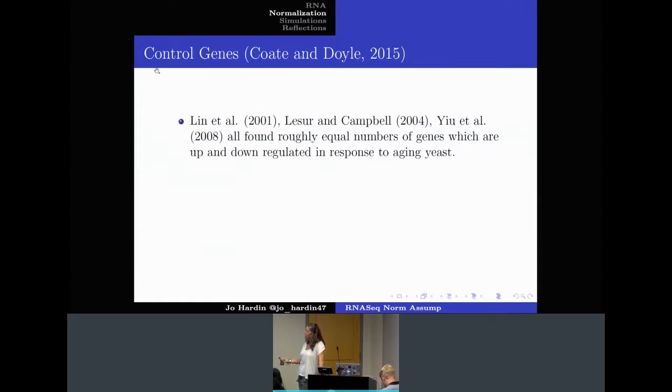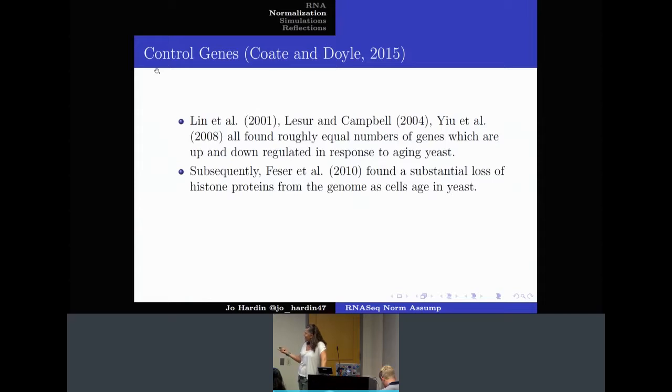Here's another example where a handful of people were all studying aging in yeast, and what they found was that roughly equal numbers of genes are up and down regulated in response to aging. But then a professor came along and found a substantial loss of histone proteins from the genome as the cells age in yeast, which increased the transcriptional activity of the genes.